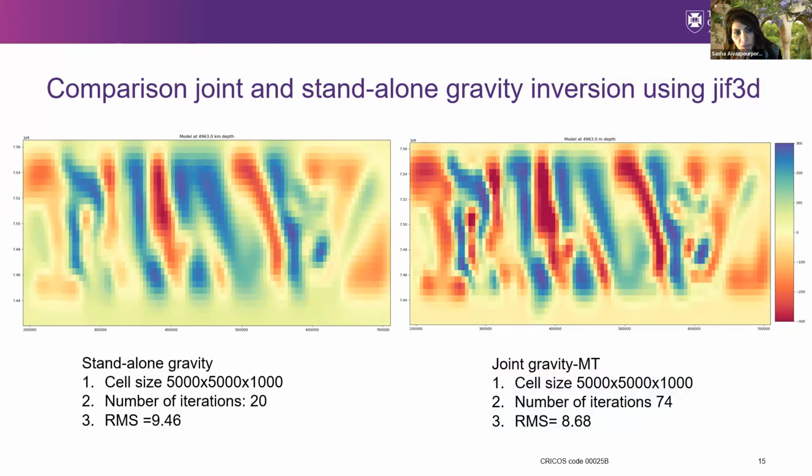But it was interesting to me because why would the standalone gravity inversion not go far? I played with GIF3D a bit, with cell size and changing things, but it wouldn't produce much for me. With the joint, it seems I got a bit further, even in terms of gravity.